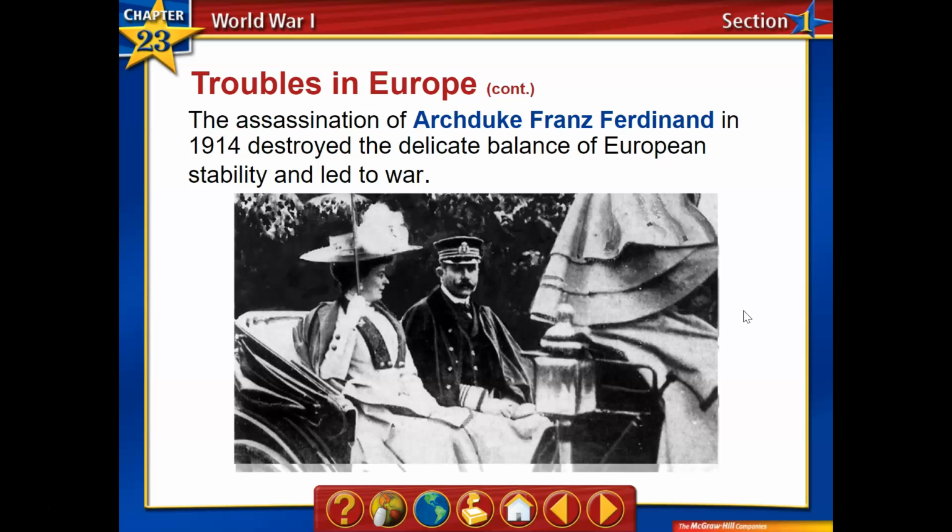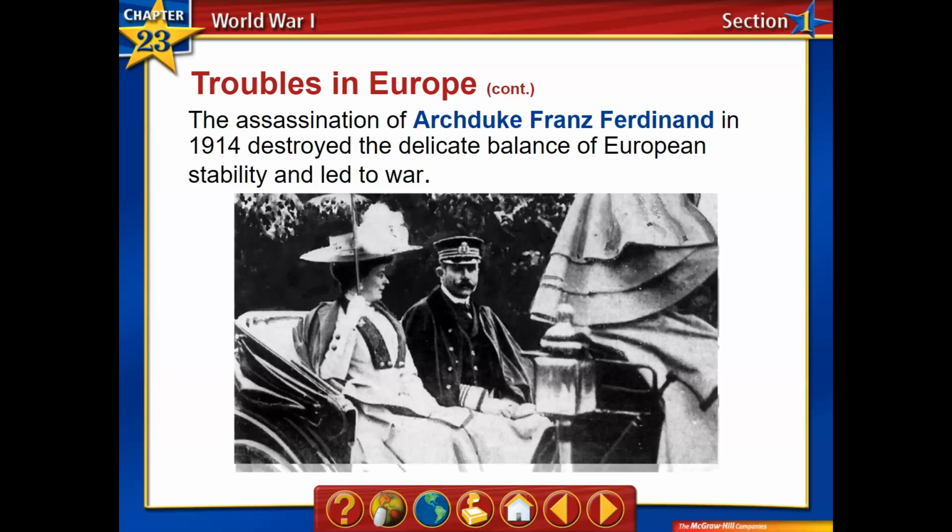But probably the event that is at the core of World War I is the assassination of Archduke Franz Ferdinand. Now, Franz Ferdinand is set to be the next heir to the Austro-Hungarian Empire.